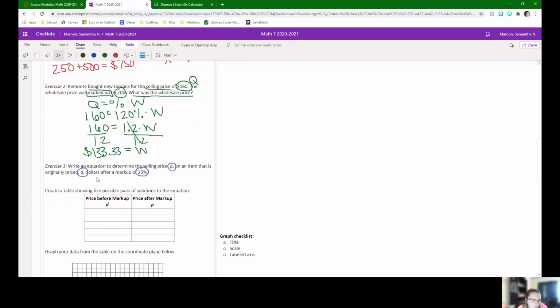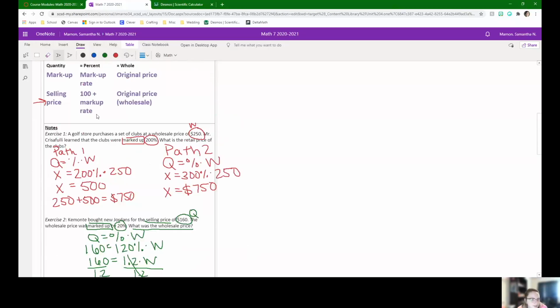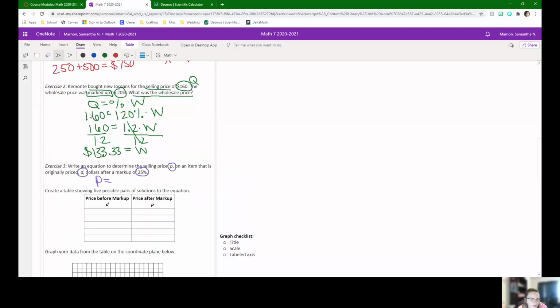So we know P equals, the markup is 25, but when we're using the selling price, we're going to do 100 plus the markup rate. So it's really going to be 125% times the whole, or the original price, which is just going to be D in this case. If we wanted to change this to a decimal, it would just be P equals 1.25 times D.